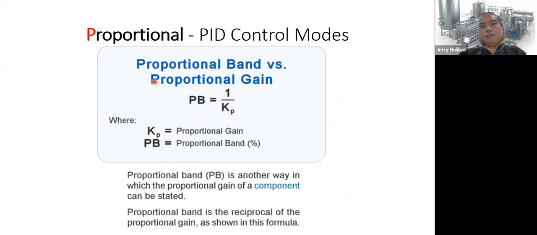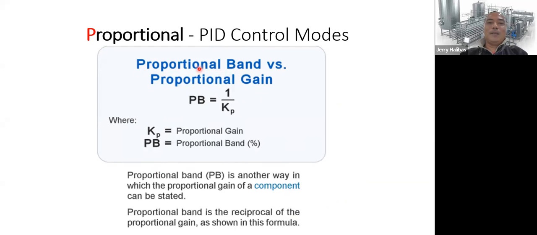So, we go now to what is known as the difference between the terms, no? Proportional band and the proportional gain. So ganiya, we always talk about proportional gain, but this time we introduced a keyword proportional band.